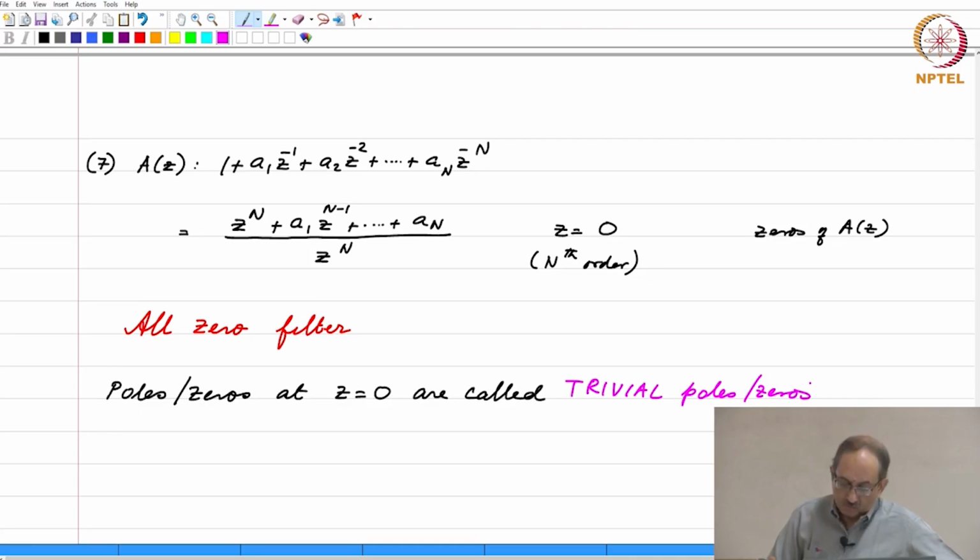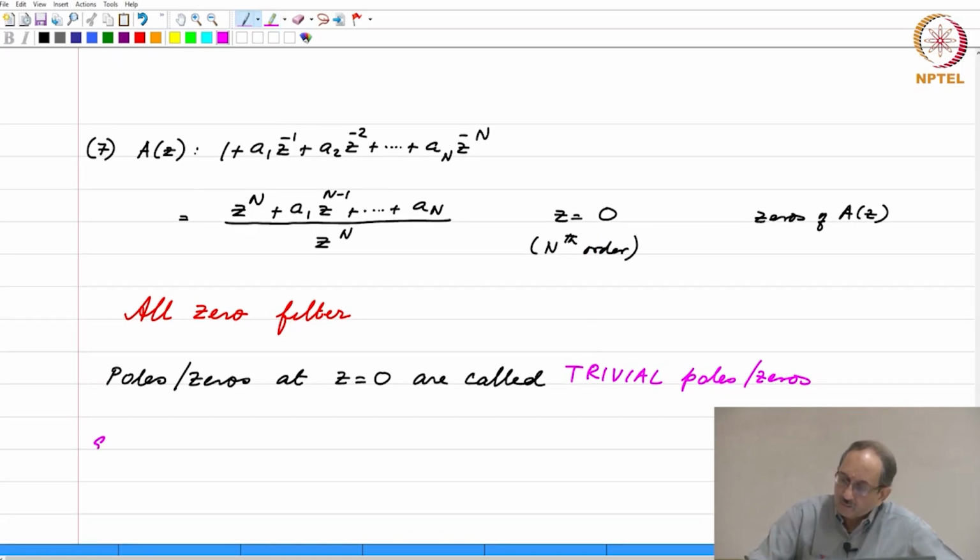That is, zeros or poles at the origin are called trivial poles or zeros, because later when we look at magnitude response, we will see what role they play in contributing towards the magnitude response. Therefore, even though A of Z in this form has both poles and zeros, this is still called an all zero filter, because the only poles are trivial poles.